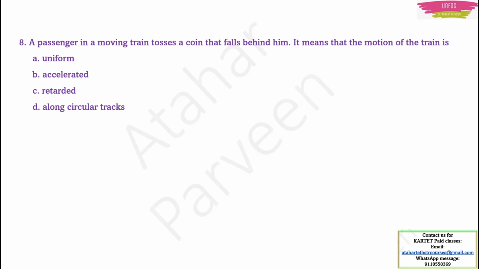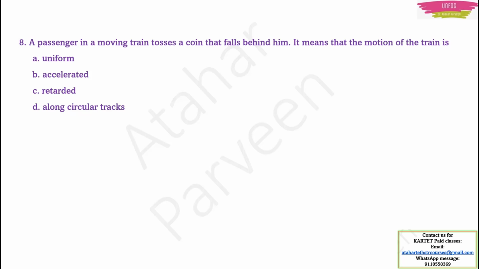Question number 8. A passenger in a moving train tosses a coin that falls behind him. It means that the motion of the train is uniform, accelerated, retarded, or along circular tracks. A passenger is moving in a train. He is tossing up the coin, which means he is throwing that coin upwards.